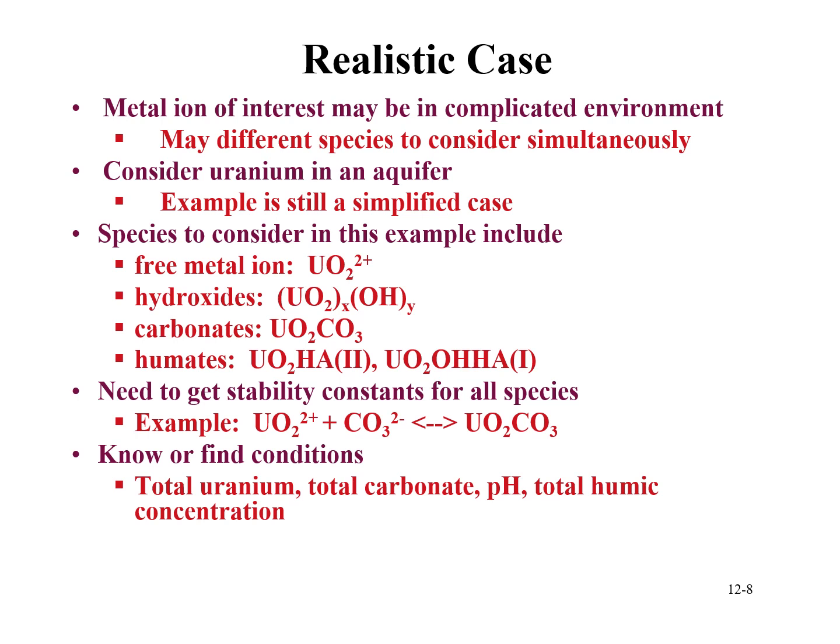For example, if I'm interested in the carbonate speciation, I need the complexation constant that describes this reaction. That would be the concentration of the uranyl carbonate divided by the concentration of the free uranium times the carbonate. So fundamentally, I need to know or find the total uranium, the total carbonate, the pH, since that's going to be an important component, and the total humic acid concentration.